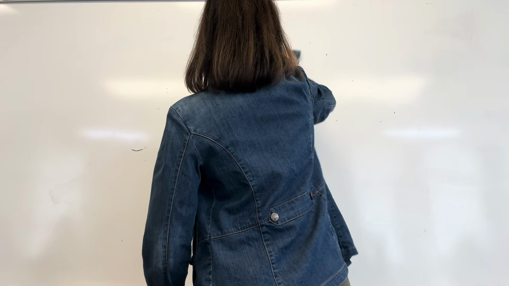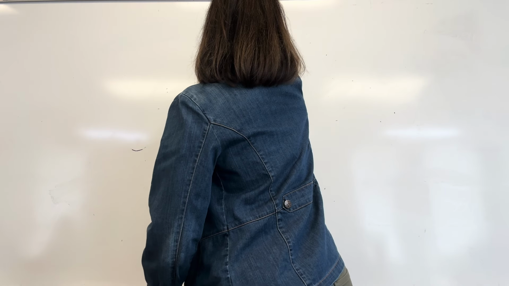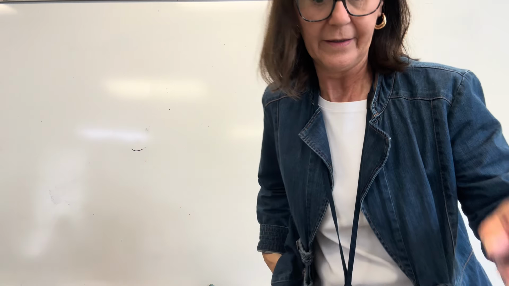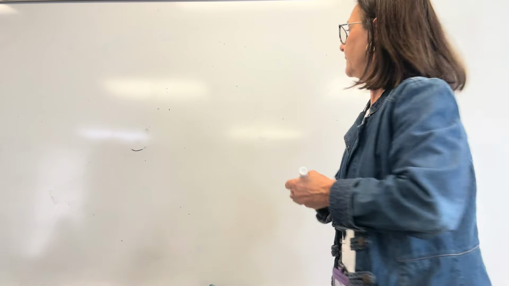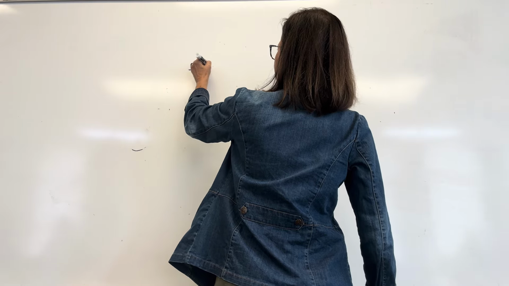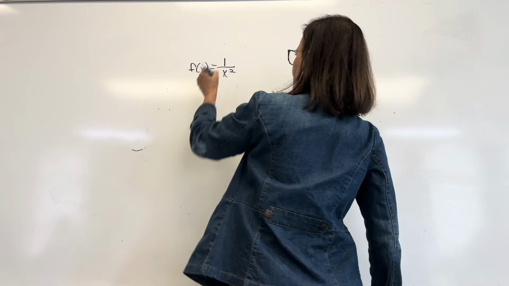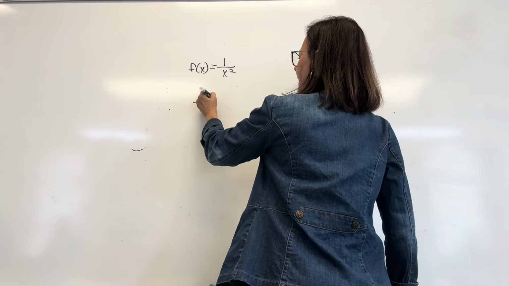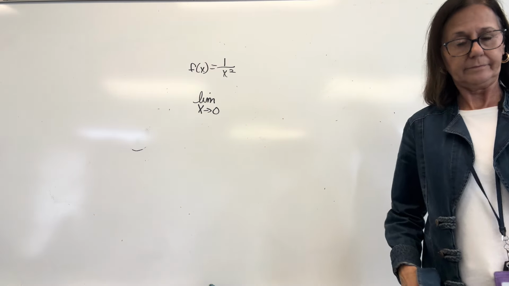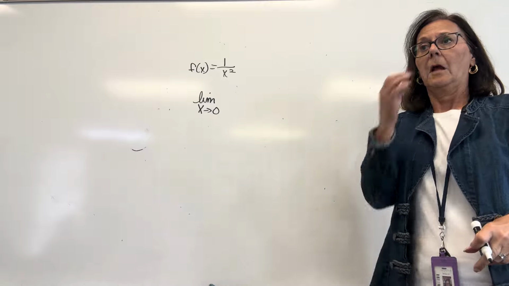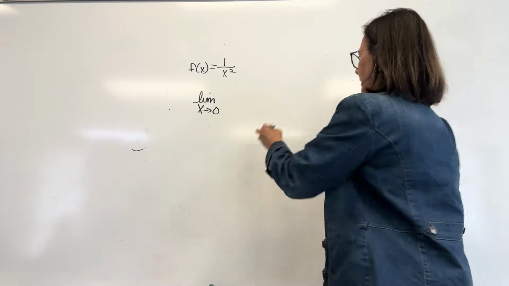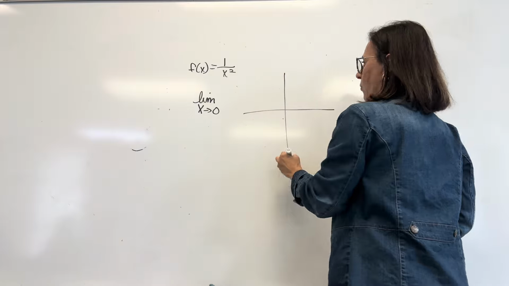Let's do 1 over x squared, and then we'll do 1 over x. So if f of x equals 1 over x squared, and we want to know the limit as x approaches 0, we know it's undefined. There's no limit, but why?